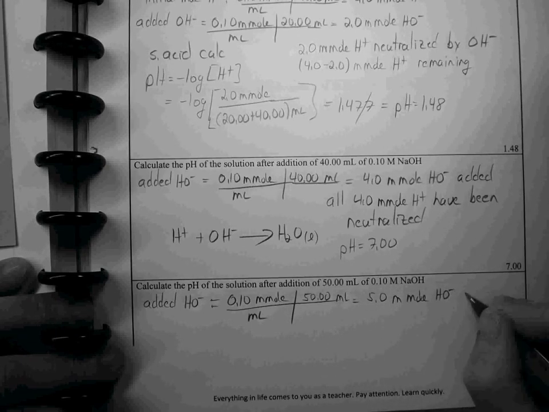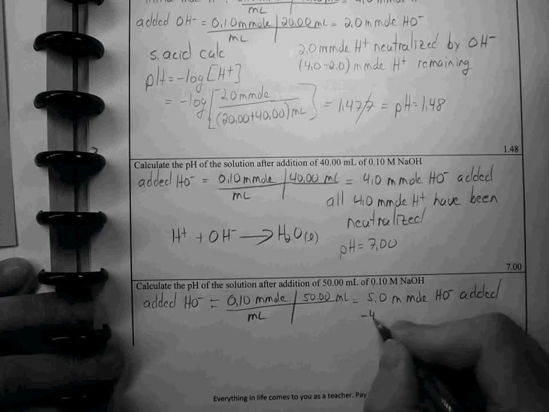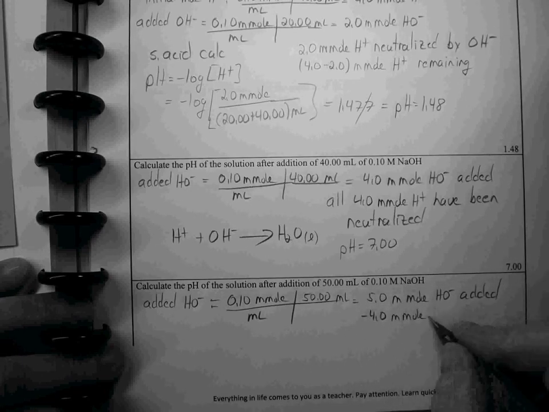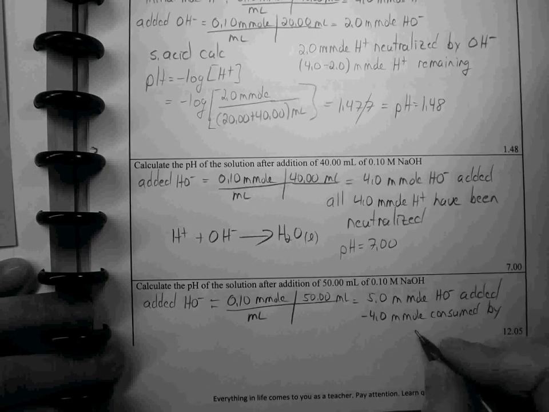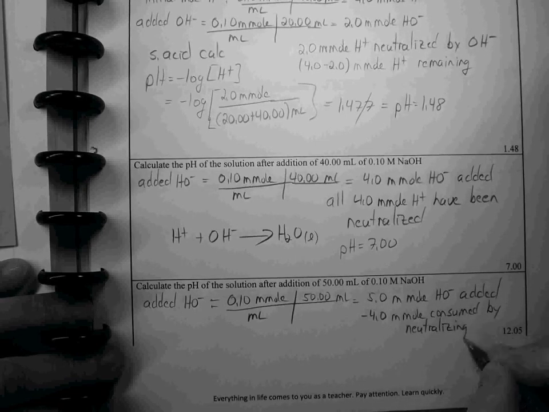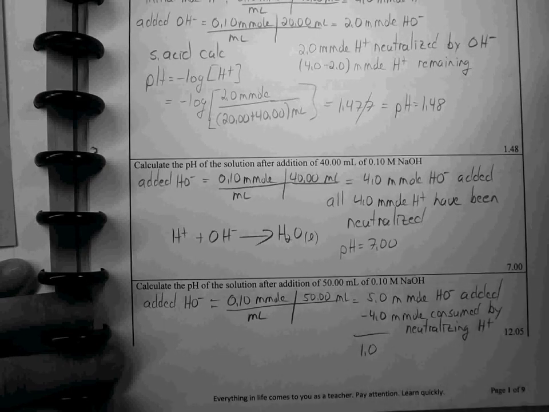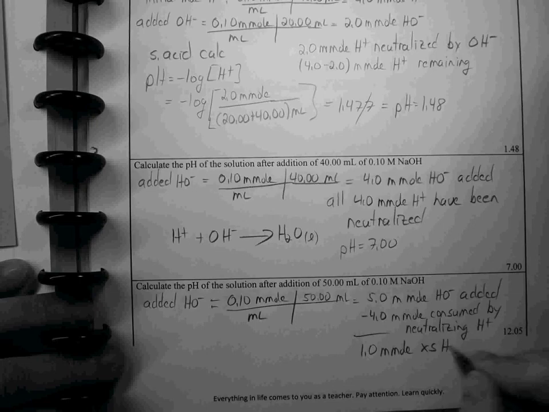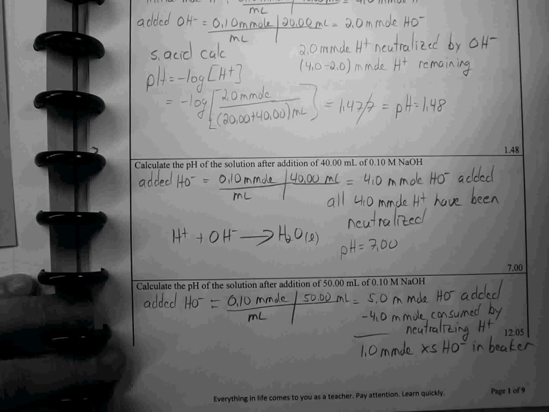So we have 5 millimoles of hydroxide that's been added to the beaker, and 4 millimoles of that has been consumed by neutralizing the acid. Alright, so what we have in the beaker is 1.0 millimoles of excess hydroxide.